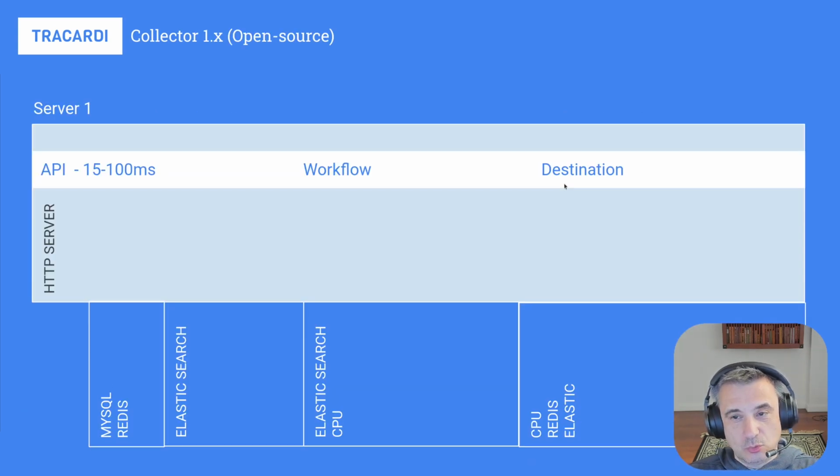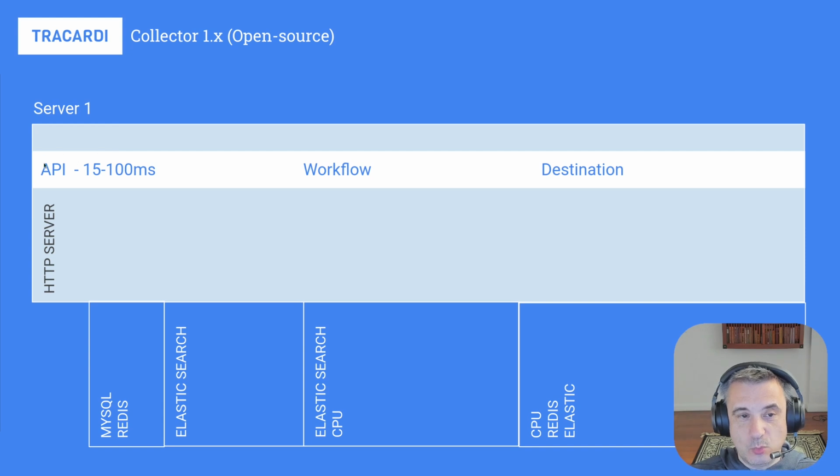And now I would like to explain how the collector works, because this is quite important to understand how we use the dependencies. We'll start with version 1.0, which is the open source version. The open source version differs from the commercial version, and it's quite important to understand what the differences are. So here we have one server and one thread, and we have an API.